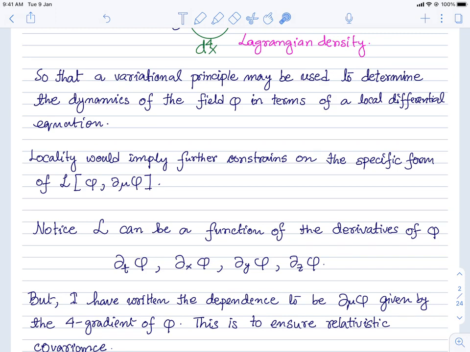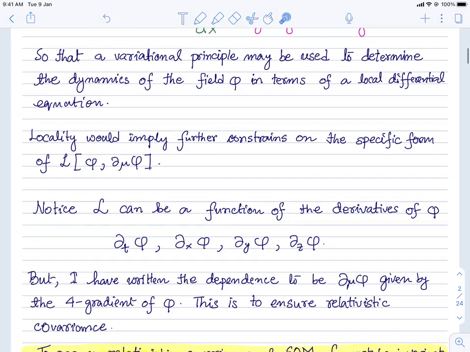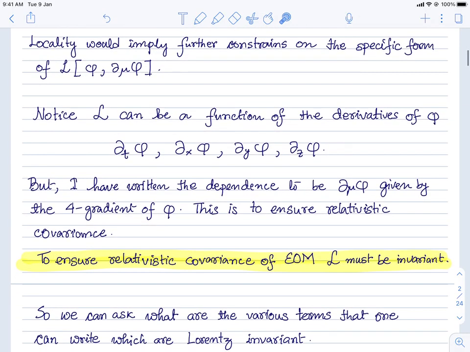Otherwise we could have written down several different kinds of Lagrangian densities, depending on various derivatives and various functions of phi. But because we want relativistic covariance, we want the Lagrangian density to be invariant under the Lorentz transformation.